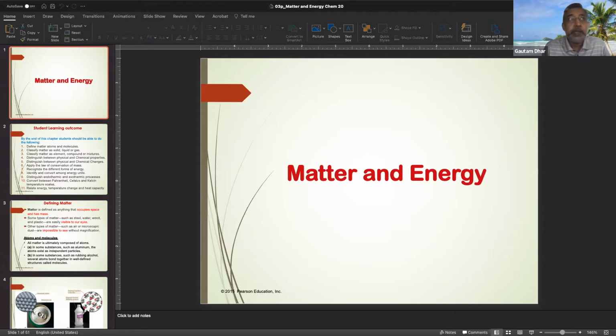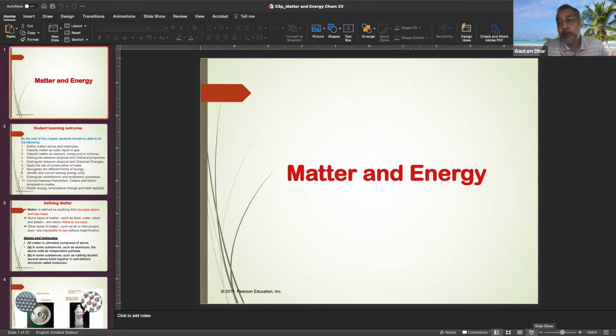We say that something that can occupy space and has mass is called matter, and something that does not occupy space and does not have mass, we call energy. It was a distinct division earlier, but after Albert Einstein gave his famous equation E equal to mc square, which is the basis for nuclear energy, we now know that we can convert matter into energy, and energy can also get converted to matter.